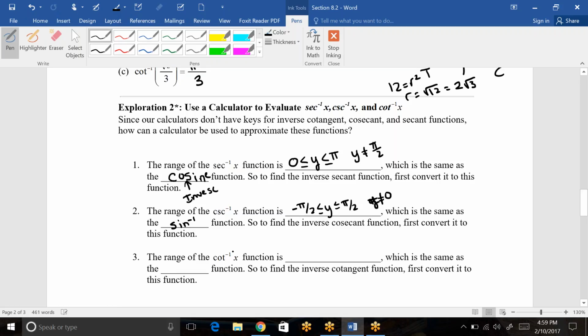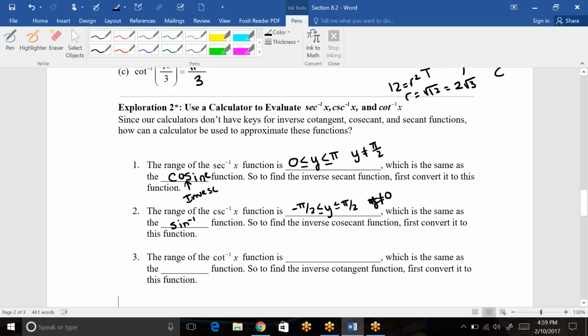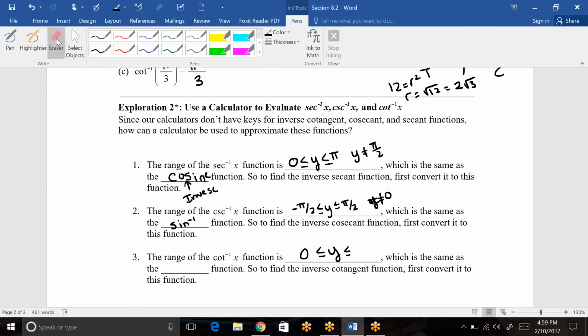The range of cotangent inverse, if you go back up to our list, is 0 to pi, except this time it is not equal to, yeah. So we need to throw that out because our asymptotes are 0 and pi instead of being stuck in the middle.